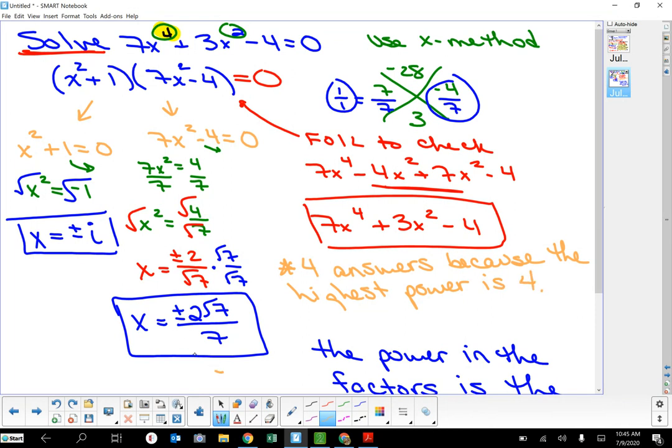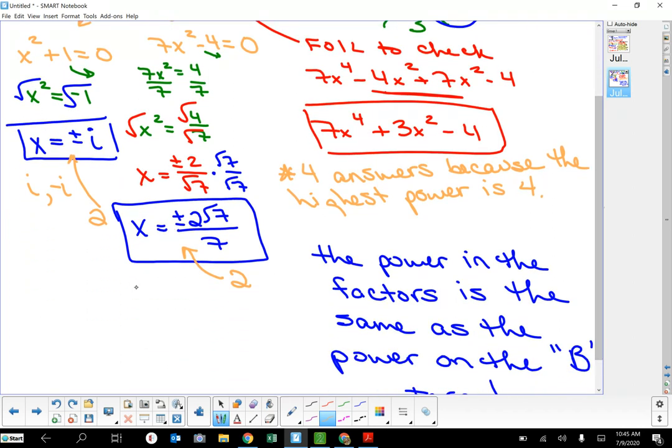And this is 2 of them, right? And this is 2 of them, because you have one is plus i and minus i. So we have i and negative i. Those are 2 answers. And then from this other box, we have 2 rad 7 over 7 and negative 2 rad 7 over 7. And so that's where those answers are coming from.